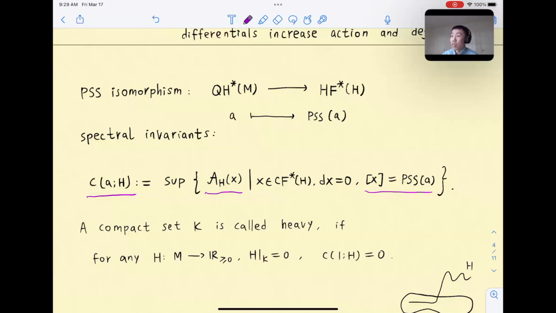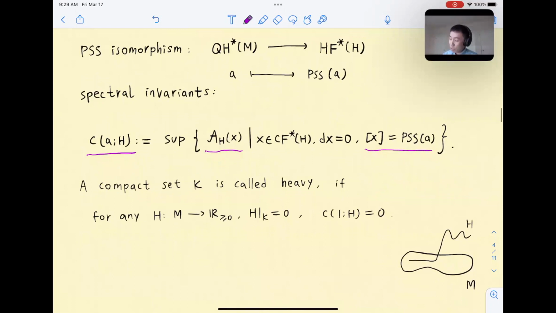It has lots of good properties and forms an active research field in symplectic topology. And Entov-Polterovich used the spectral invariants to define heavy and superheavy sets. Today I'll only focus on the heavy part. The definition is the following.